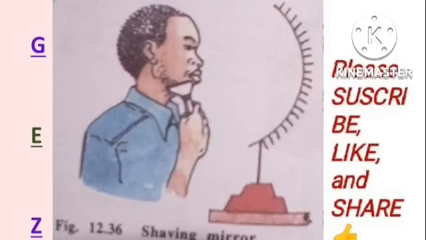Finally, there are different uses of spherical mirrors. You can use curved mirrors as shaving mirrors, because when you place your face close in front of the mirror, you can see an enlarged, erect, and virtual image of your face. That is one use of spherical mirrors. You can also use concave mirrors as reflectors in reflecting telescopes and microscopes.